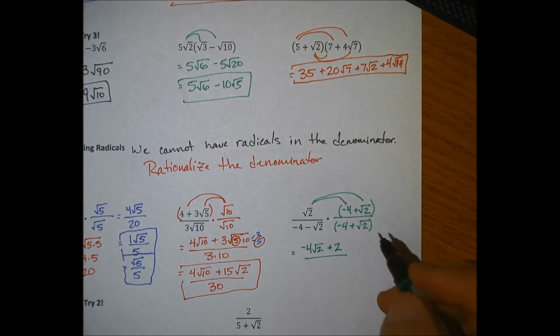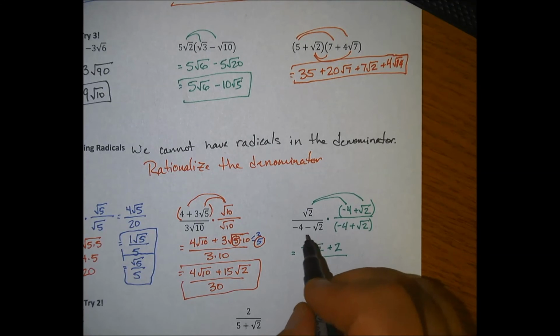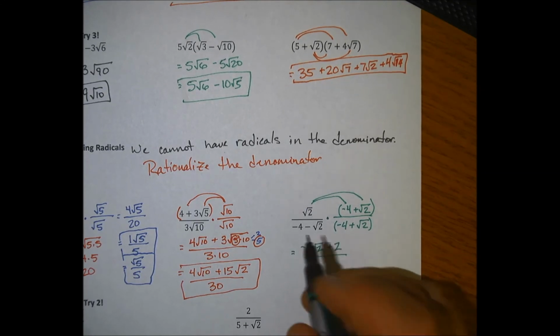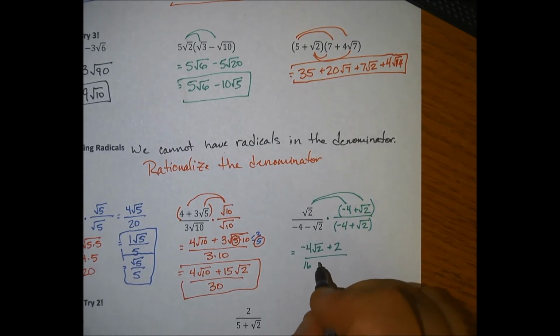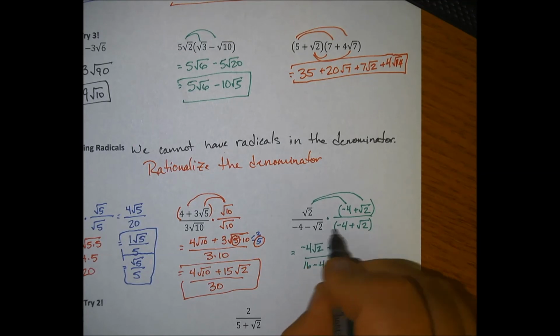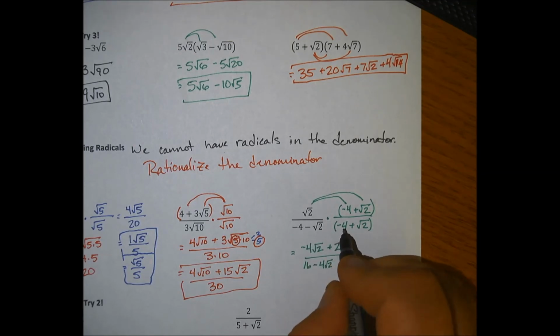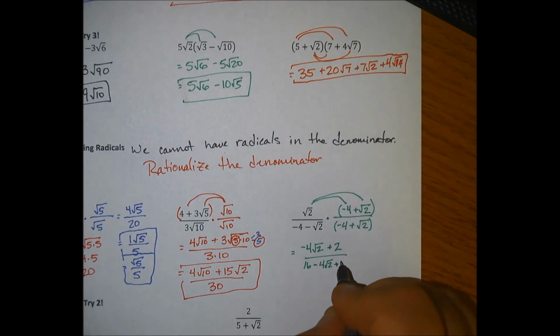And then on the bottom, this is where it gets really ugly. You got a FOIL. Okay? Negative 4 times negative 4 is 16. Negative 4 times square root of 2 is negative 4 root 2. Negative square root of 2 times negative 4 is going to be a plus, sorry, plus 4 square root 2.